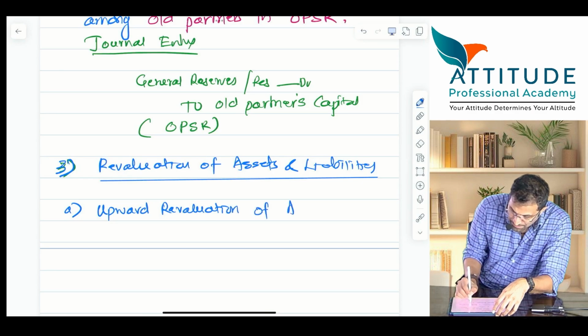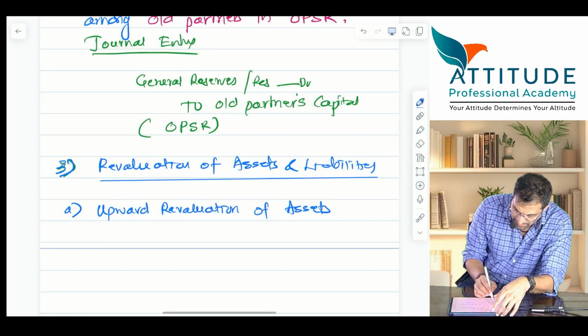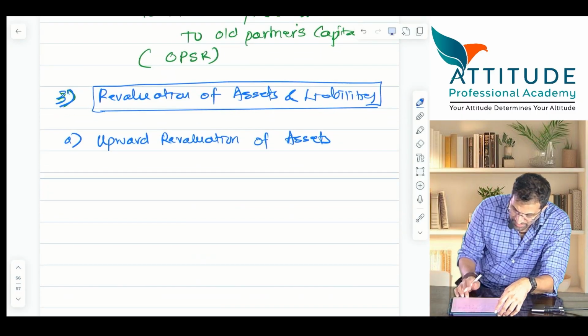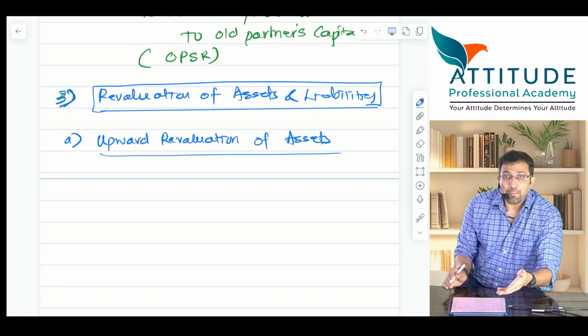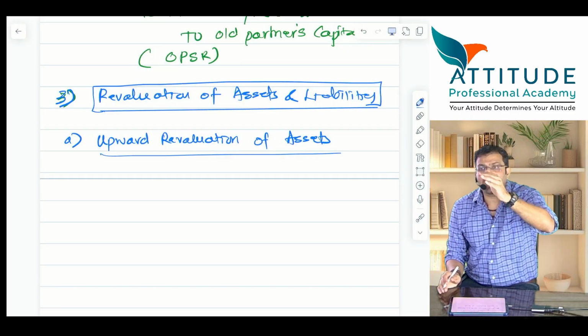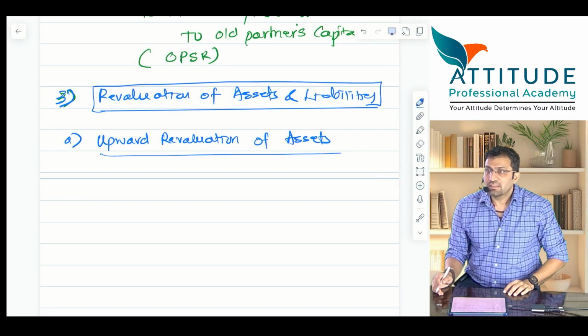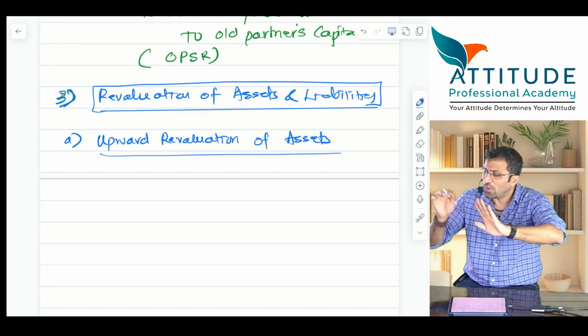of assets. Any asset, fixed asset, current asset, upward revaluation is happening. Correct? Tell me. Upward revaluation of asset. Entry. Upward revaluation of asset. Journal entry bolo. Those who have done their second year or in second year. Asset is increasing, right? A 100 rupees asset has now become 150.